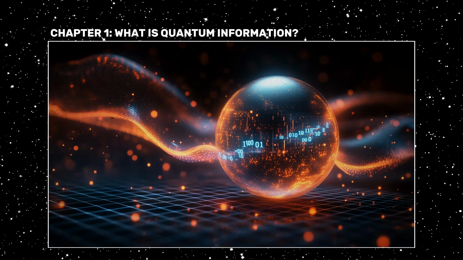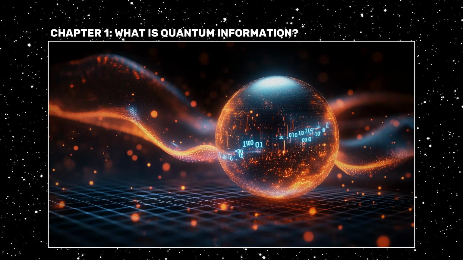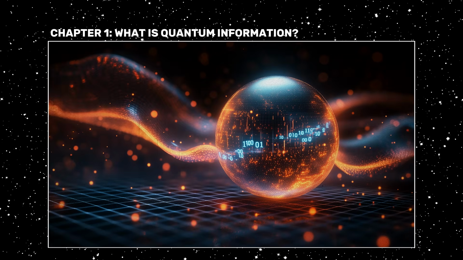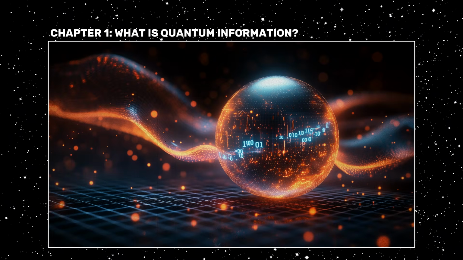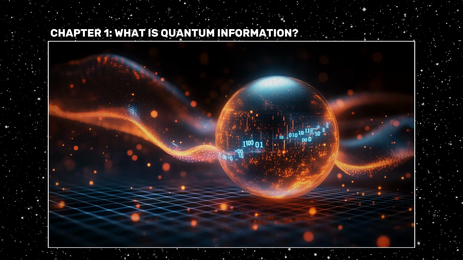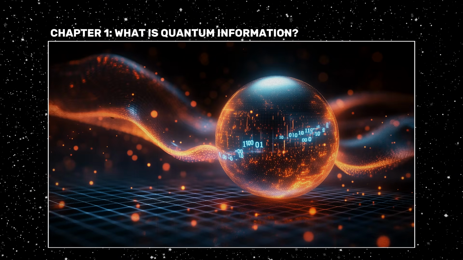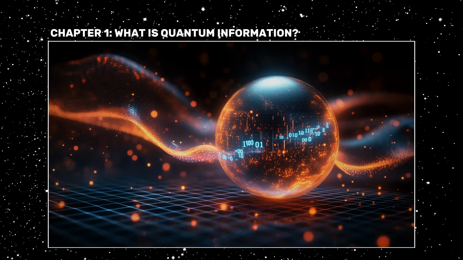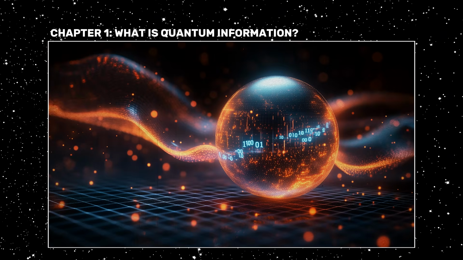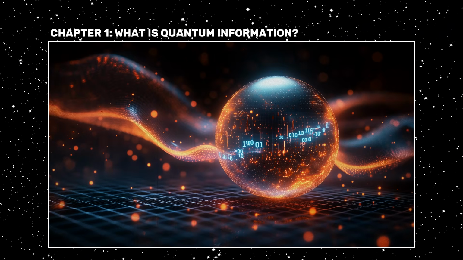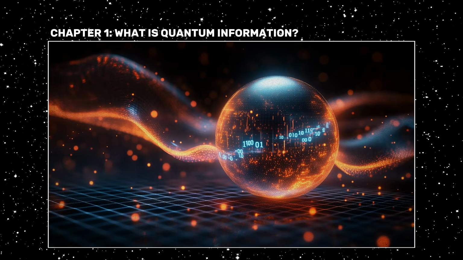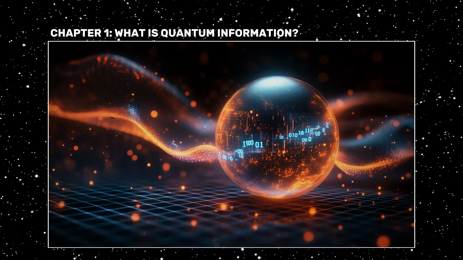Classical bits follow deterministic rules. Logical operations such as AND, OR, and NOT manipulate bits predictably, and information can be copied and read without fundamentally altering its content. This clarity and reliability underpin decades of technological advancement, from microprocessors to global communication networks.